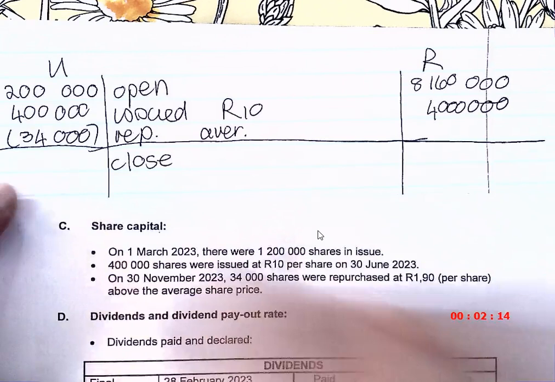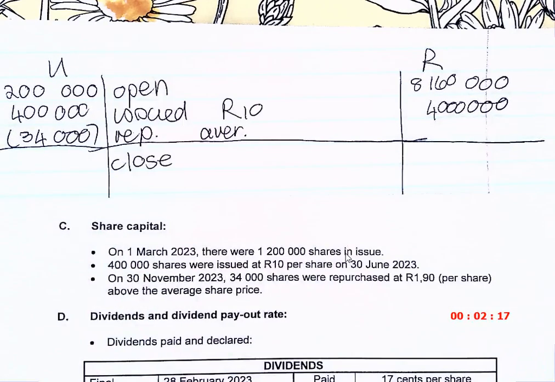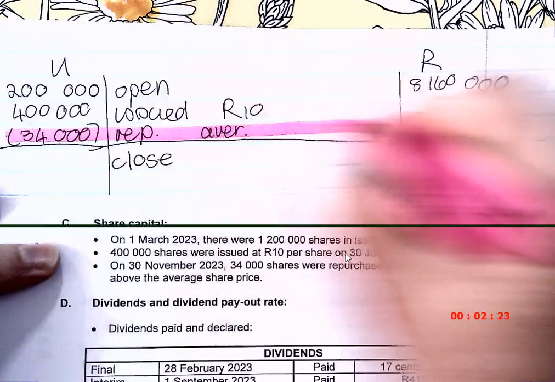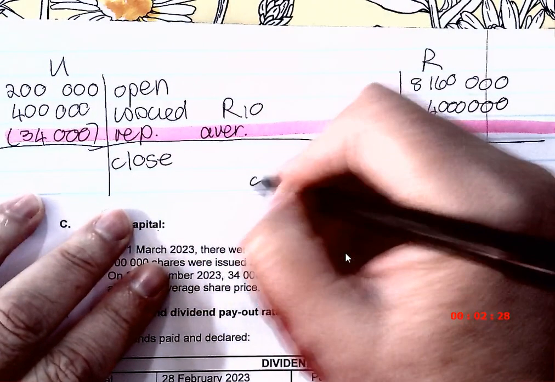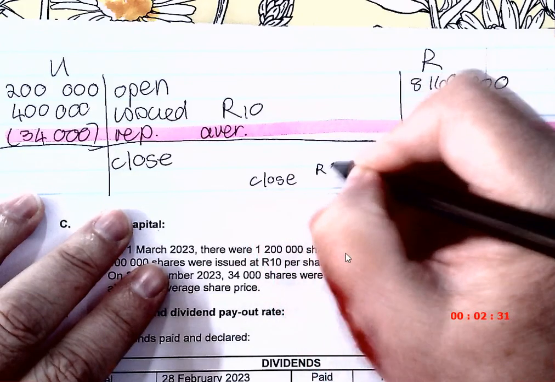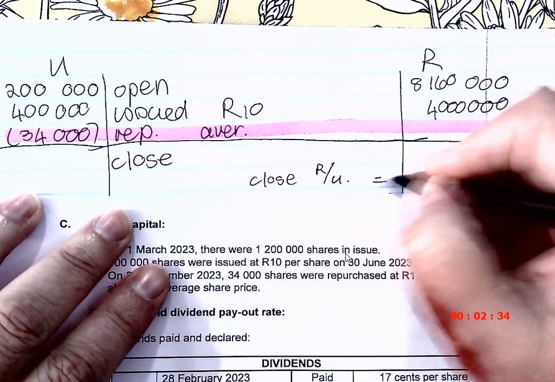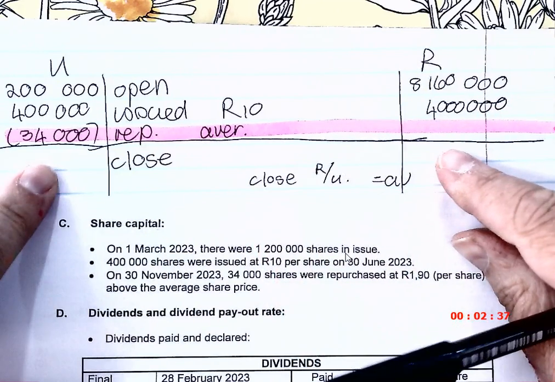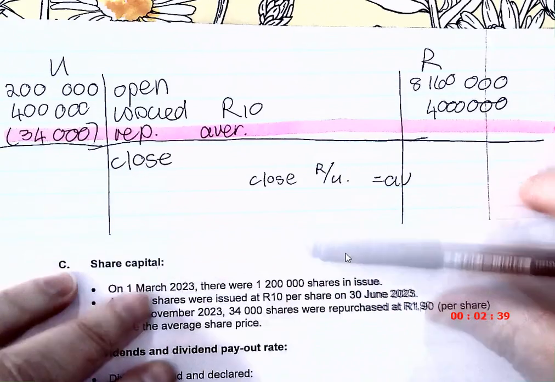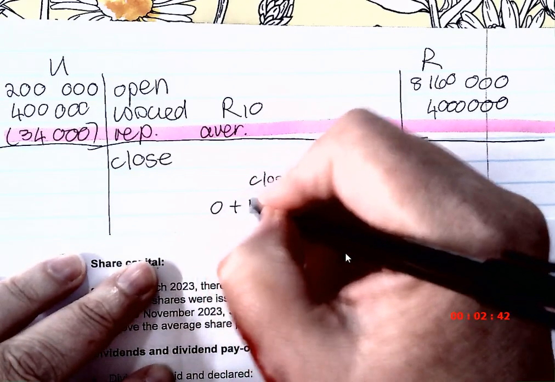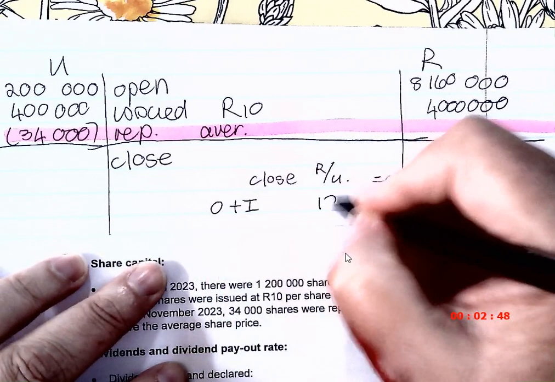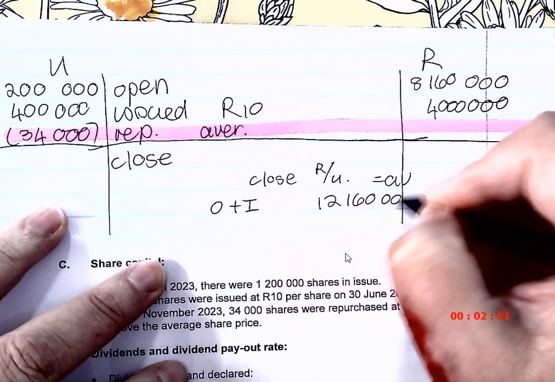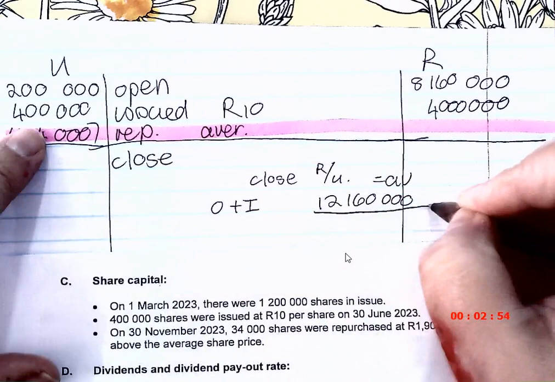If I draw a line through this, here like this, the average price would either be the closing. I take the closing, the rand divided by the units, then I get the average. But can you see I don't have that? So the other alternative is I take the opening plus the issued. So I say, what is that? 12,160 divided by 1.6.